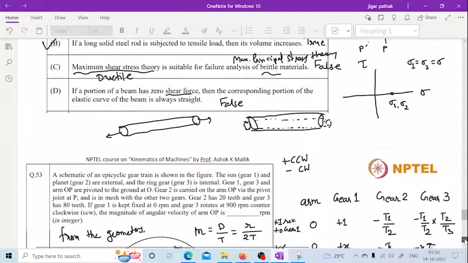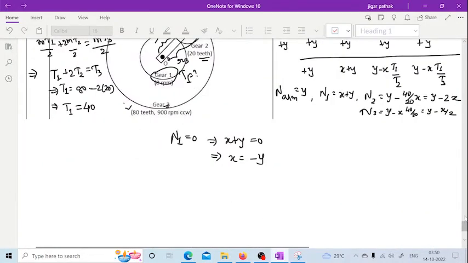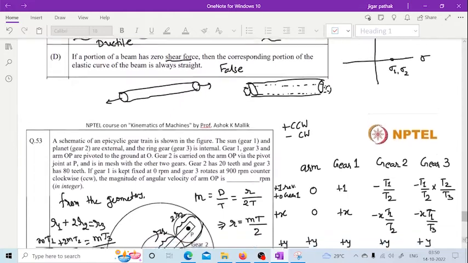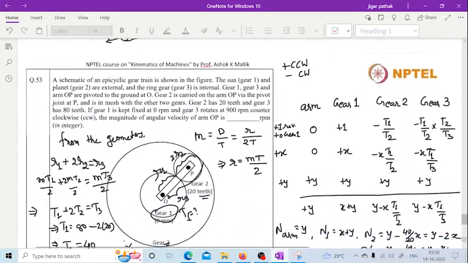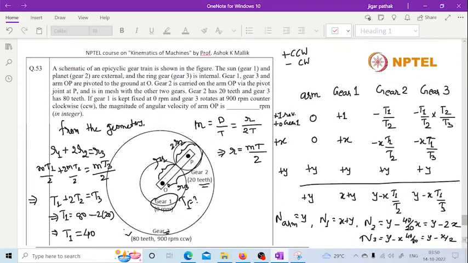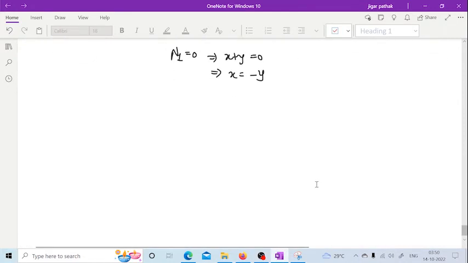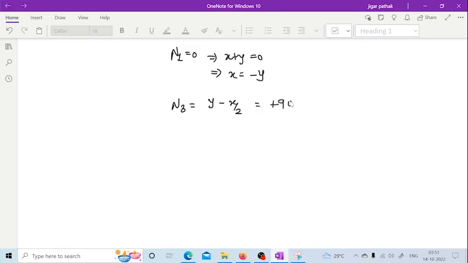Now if you see the other data, gear 3 rotates at 900 rpm counterclockwise. So we have N3, and N3 is y minus x by 2. That is plus 900 because we have considered counterclockwise as positive. So N3 is equal to y minus x by 2 equals plus 900.